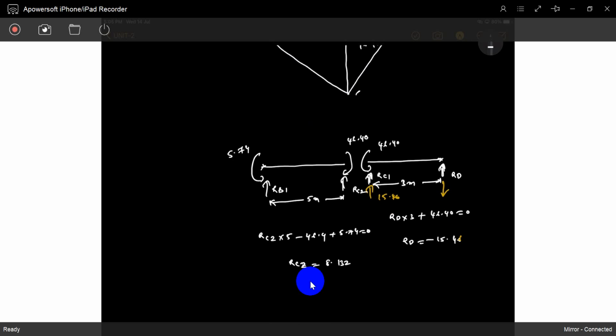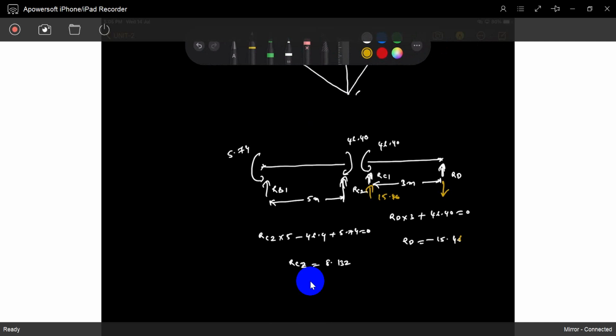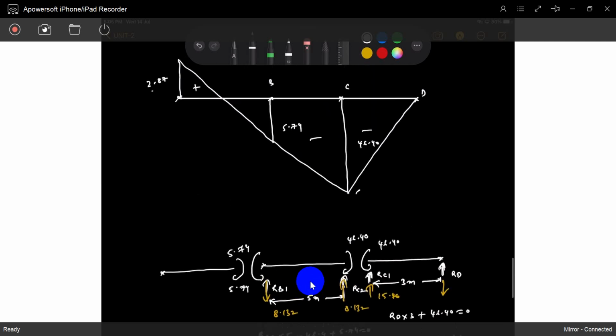So it is in the same direction. I will write this same direction, 8.132. It will come in the opposite direction at the other end because there is no external loading now. So now we come to the third span. It is 5.74 at B, but at C it is a sagging moment, 2.87.